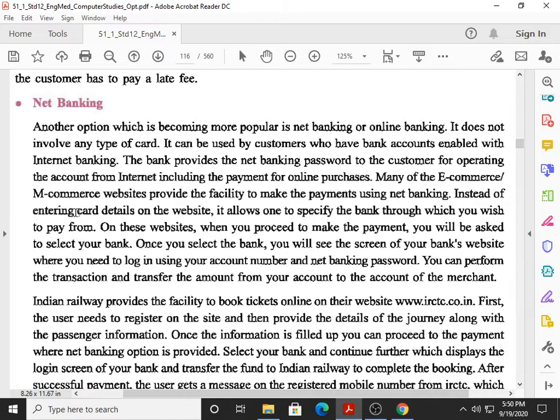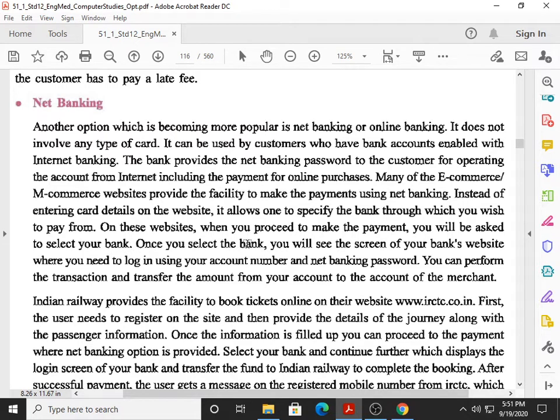Instead of entering the card details on the website, it allows one to specify the bank from which you wish to pay. For example, if I have the net banking facility of SBI, then I have to select net banking of SBI on the Amazon website. On these websites, when you proceed to make the payment, you will be asked to select your bank.